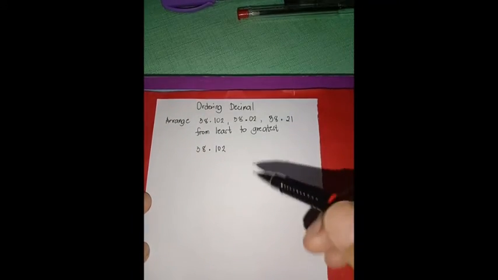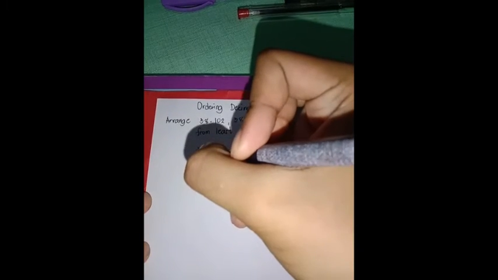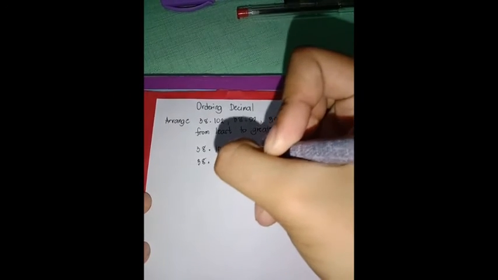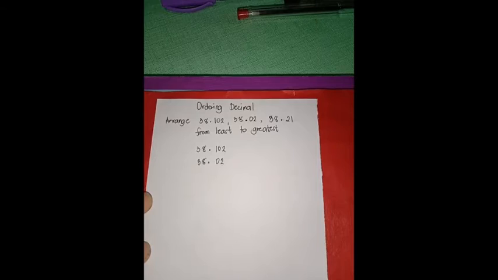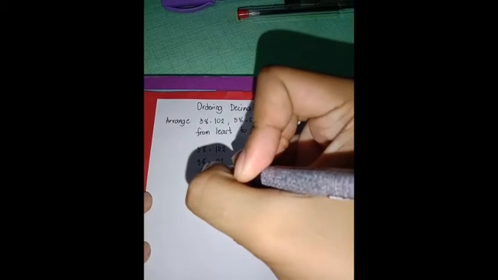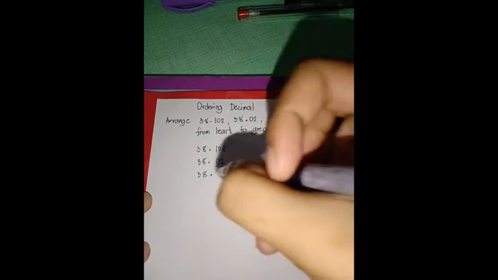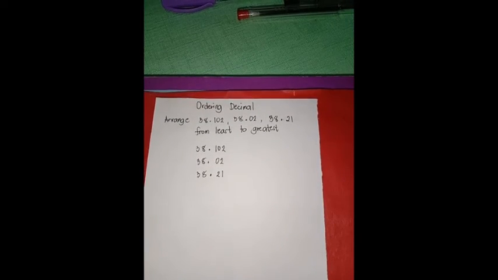So 38 and 102 thousandths, we have here 38 and 0 200ths, and then 38 and 21 hundredths.